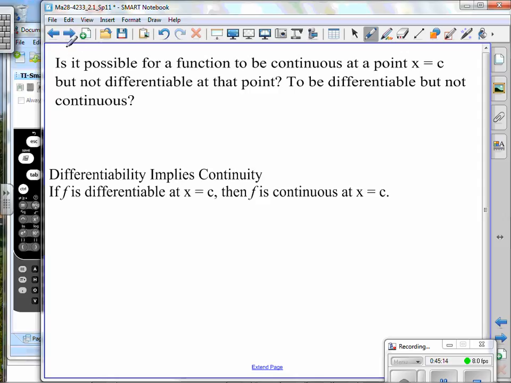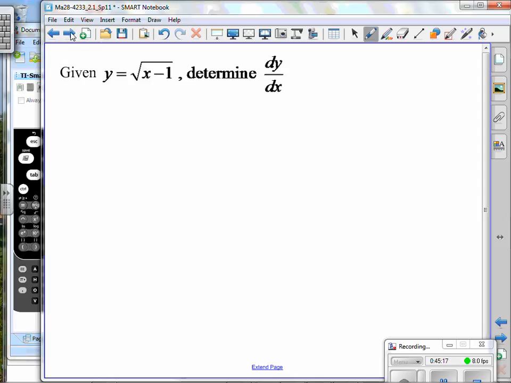Let's look at this problem. Determine, and this is again the phrase, determine the derivative of y with respect to x. This is the same thing as saying determine the derivative with respect to x of the square root of x minus 1.